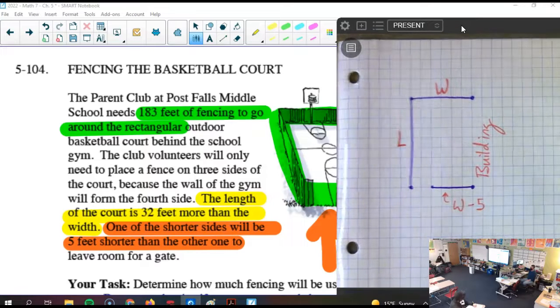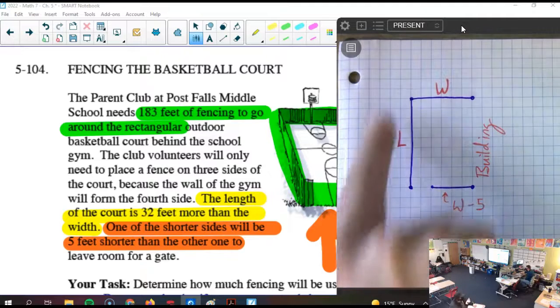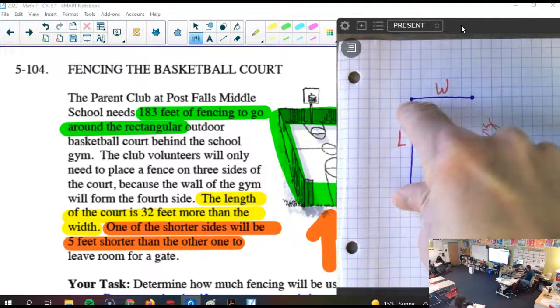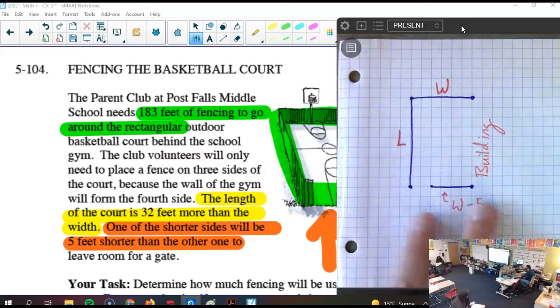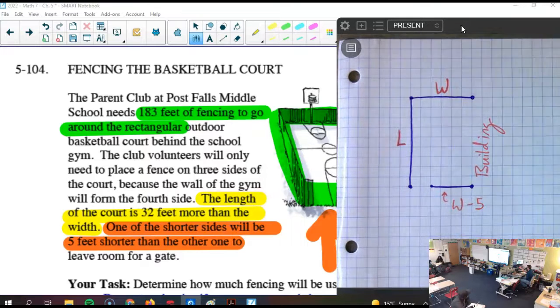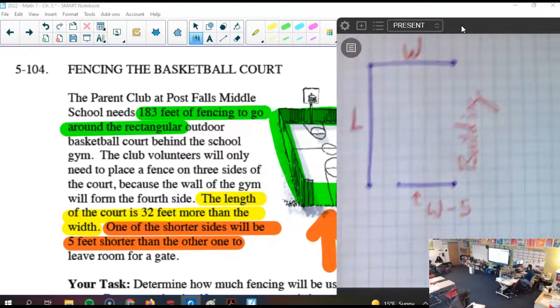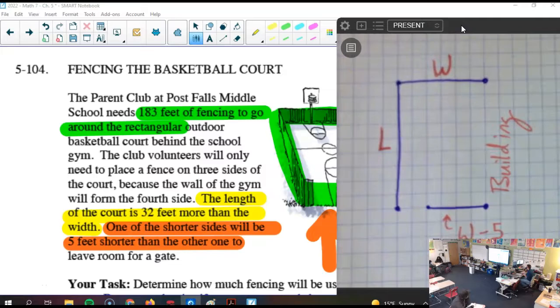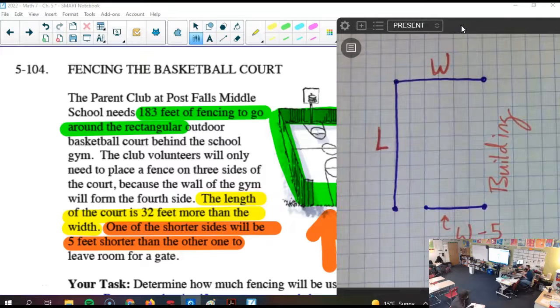Hold up. Are there questions to this point? We have a length and a width, and then a width that's going to be a little bit shorter. We got our length and our width, and a width that will be a little bit shorter. Carmen, what else do we know about the length?